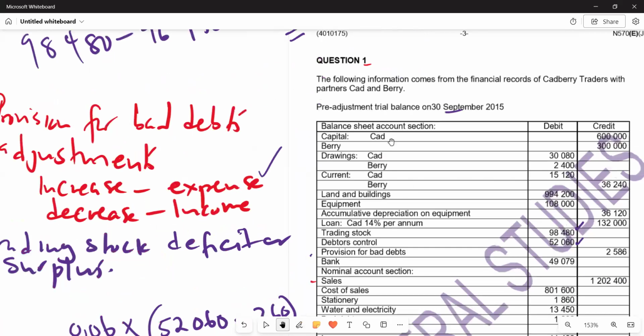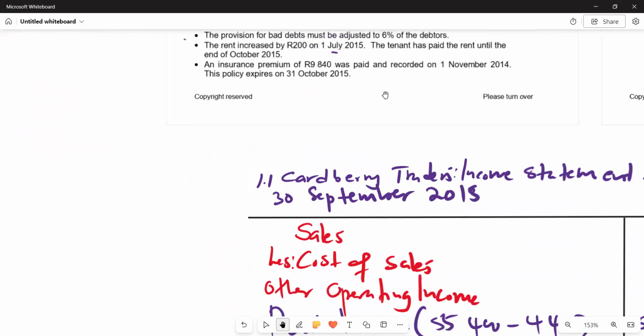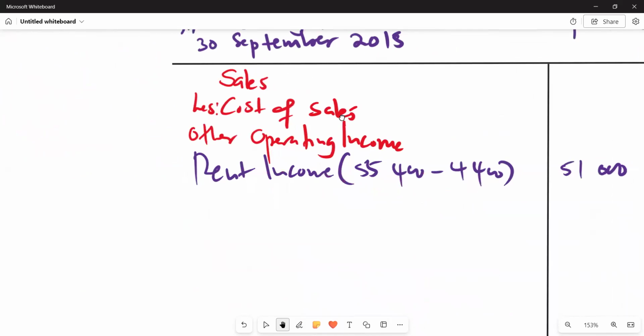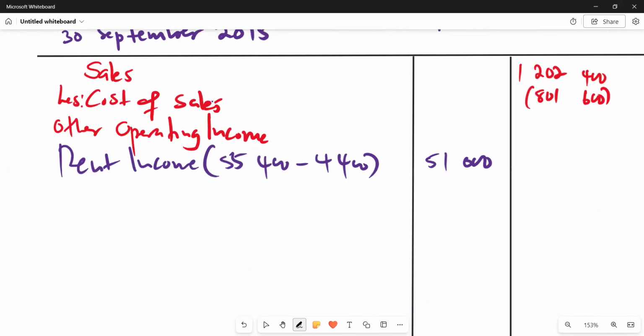So it means we have exhausted all the incomes. In that case, we can go there and make our calculations. We are now taking this 51,000 as our total for operating income, and we transfer it there. We add it to our gross profit. Remember, before other operating income, we are supposed to have our gross profit here.